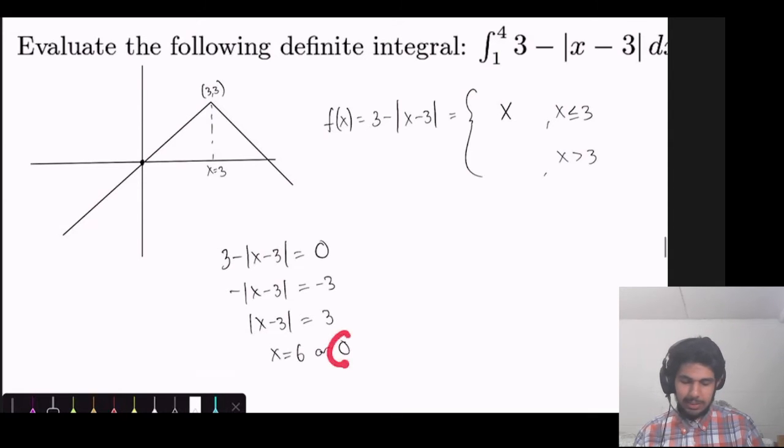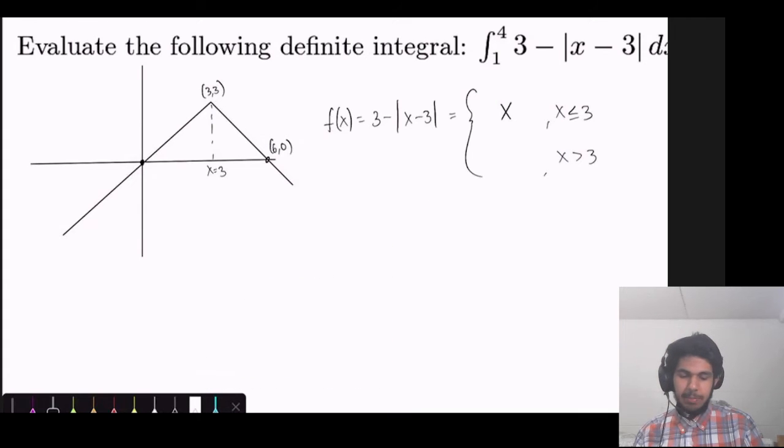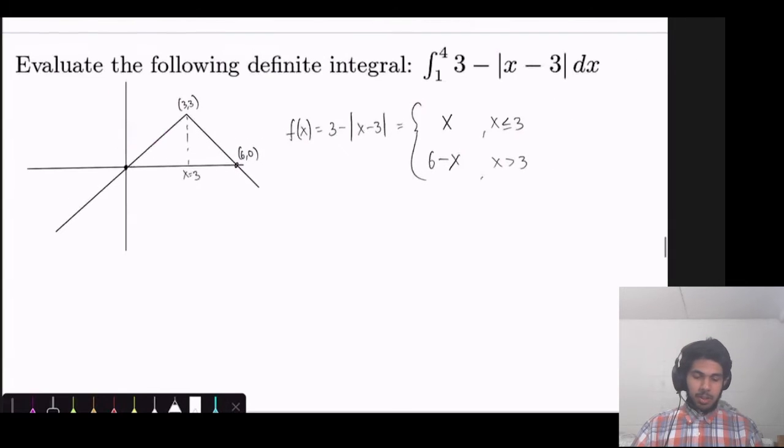We already know at 0 it intersects the x-axis. So the other point is 6. So this would be 6, 0. So now we have 2 points on that line. And we can use our knowledge of how to find the equation of the line, but we'll just give it: that's 6 minus x. Great. So we've evaluated the function piecewise.